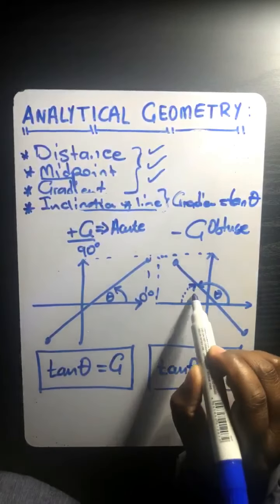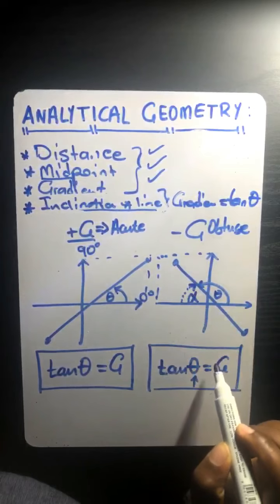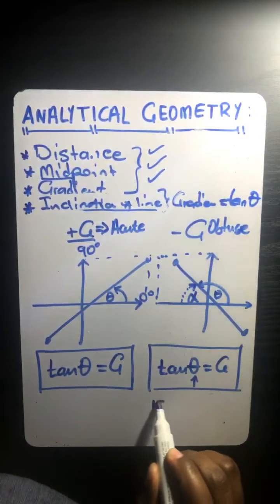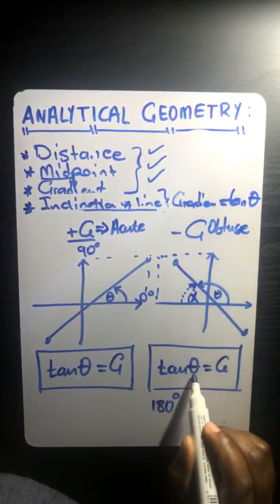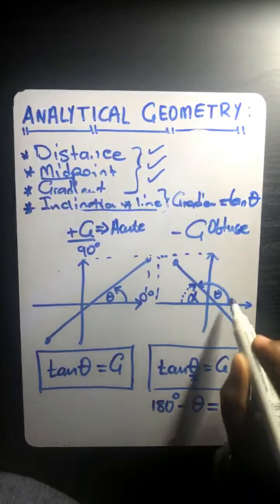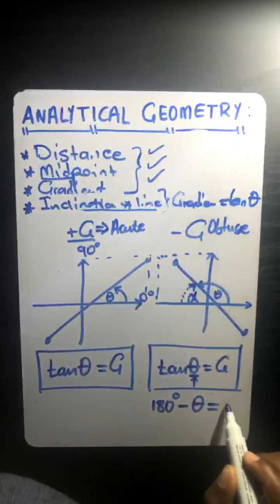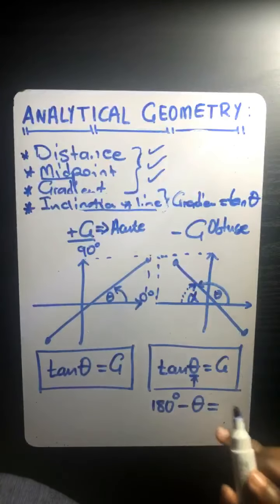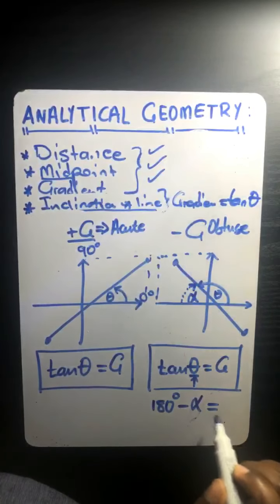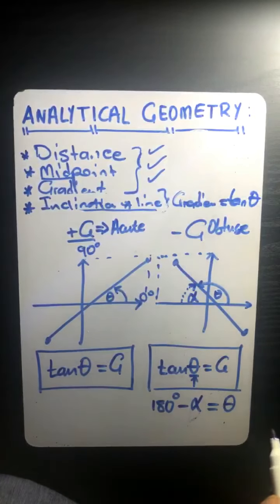So for you to get this angle, you might need to say 180 degrees, then you subtract that angle, then it is going to give you this angle formed. Maybe let me use angle alpha there, and say it is going to give you angle theta.